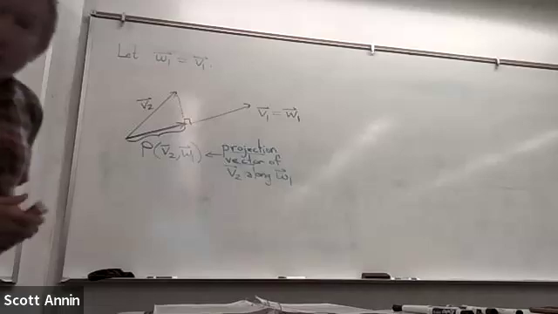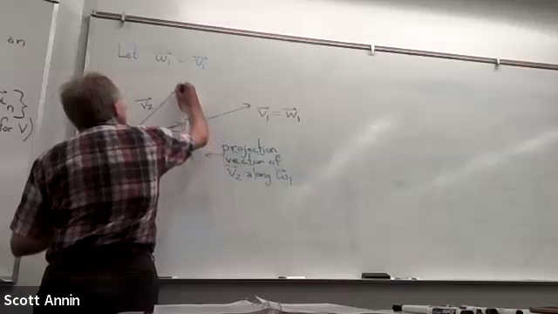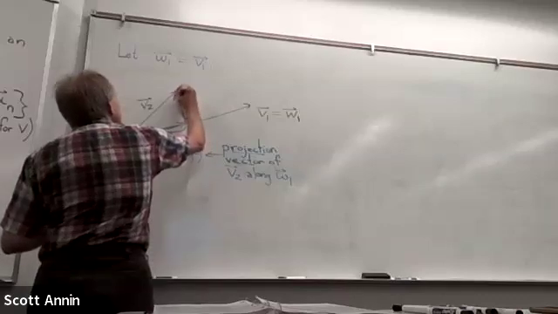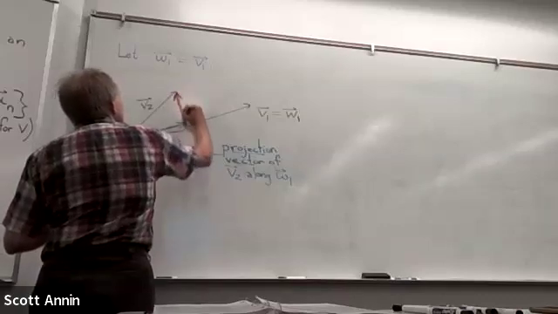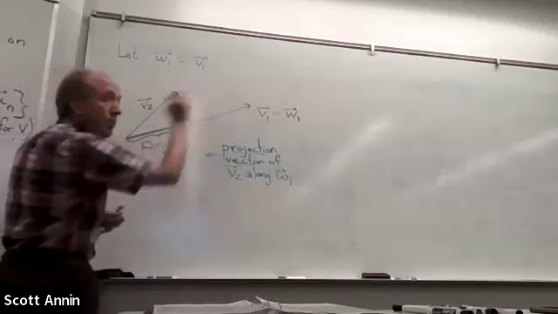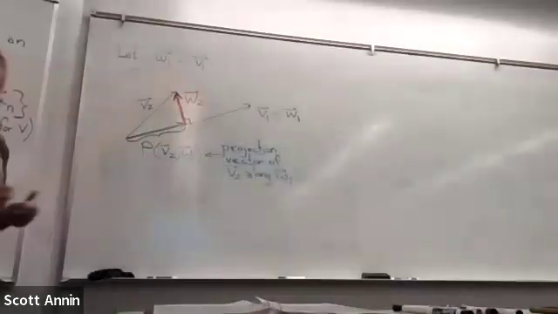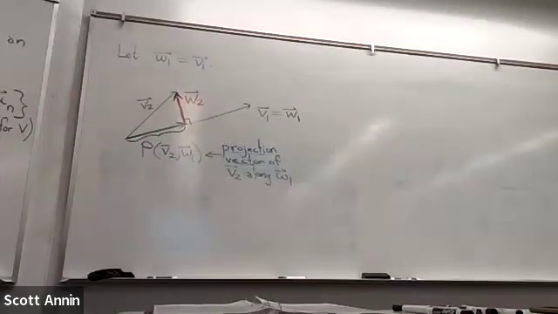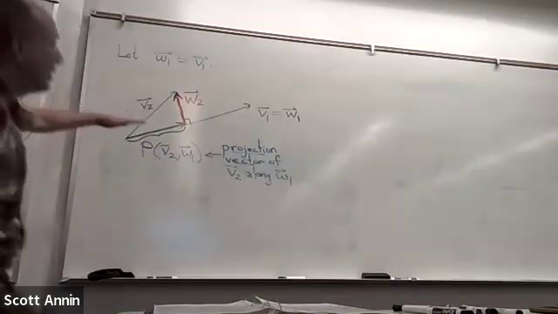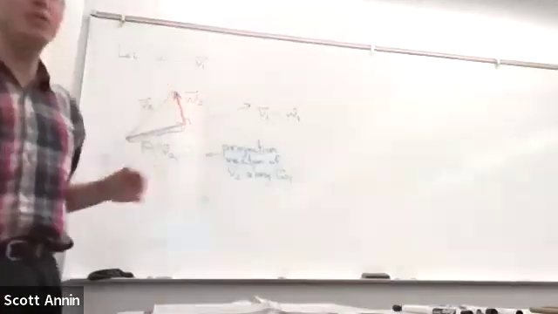But what we're actually going to do, guys, is create a vector. I will draw this one in red. I'm going to draw this vector here, which is perpendicular to W1. And in fact, this red vector is going to be W2. Notice that the blue vector plus the red vector adds up to my original V2.